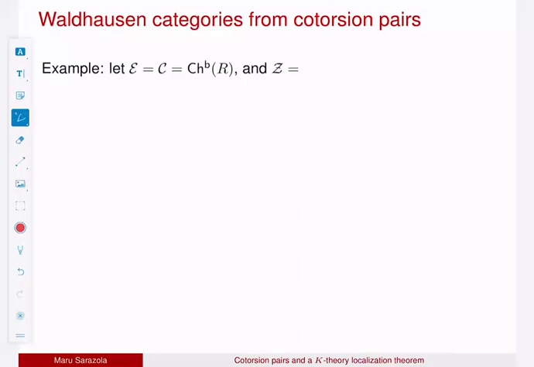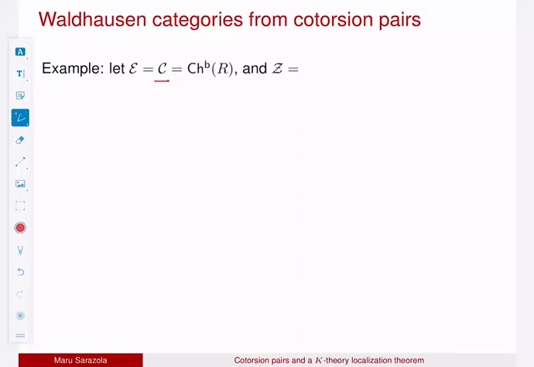All right, so if we want to construct the Waldhausen structure on chain complexes, then some of these categories are already pretty much given to us. So C is going to be chain complexes, because C is the place where we define the Waldhausen category in the theorem.